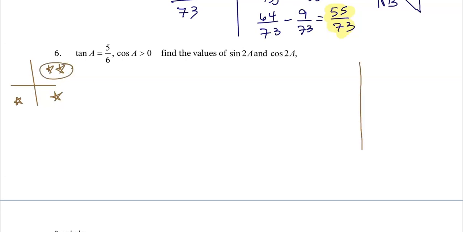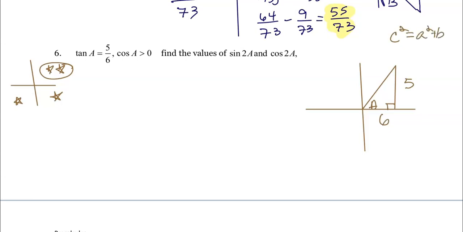Draw your triangle in quadrant 1. Okay, so here it comes. And it's an alpha. So tan is opposite over adjacent. And you're going to have to do your c squared equals a squared plus b squared. And you'll find that this is radical 61. And now we're ready to go.